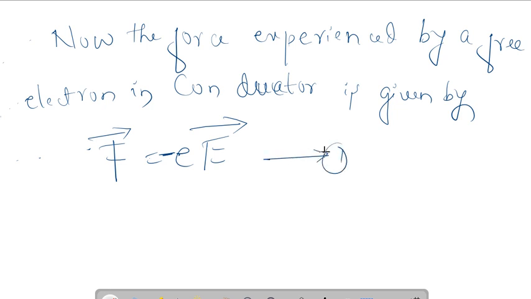This is equation number 1. The negative sign shows that the direction of force and electric field are opposite to each other.